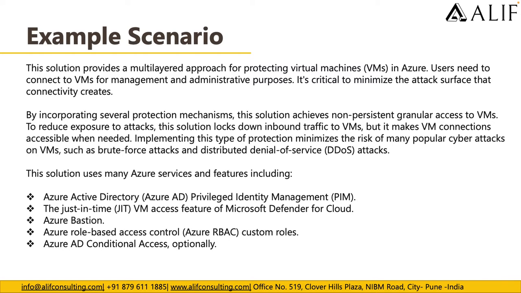This solution has multiple features like Azure AD just-in-time access, Azure Bastion, Azure RBAC, and Azure AD conditional access, which is optional but can give you an advantage. If you want to learn about Azure Bastion or Microsoft Defender for Cloud, please go to the description box.